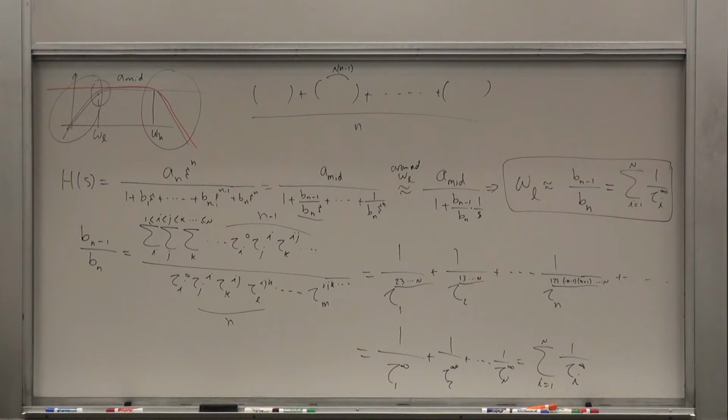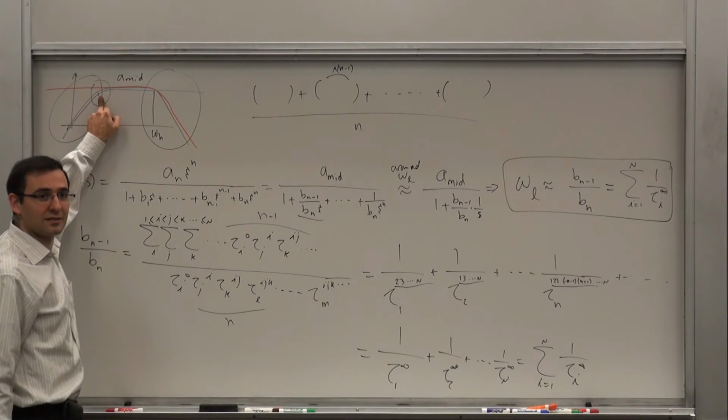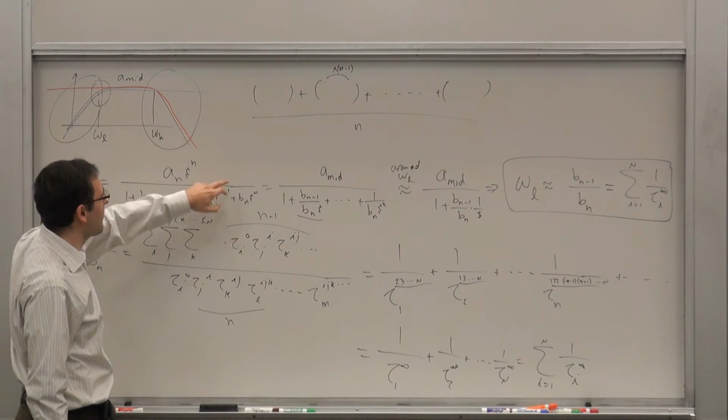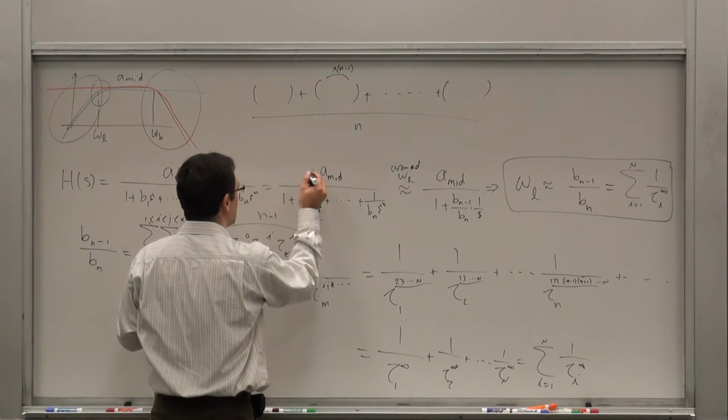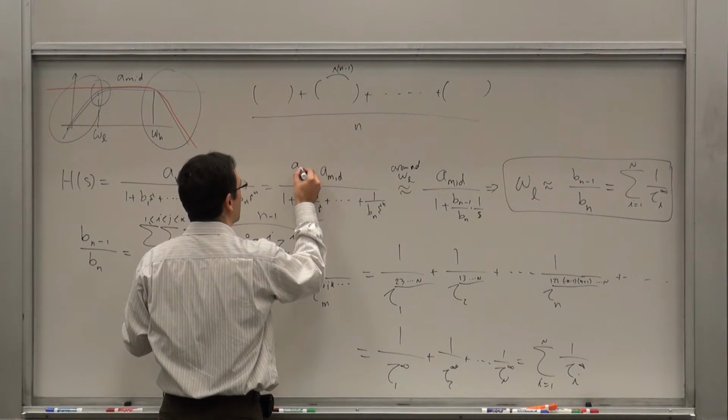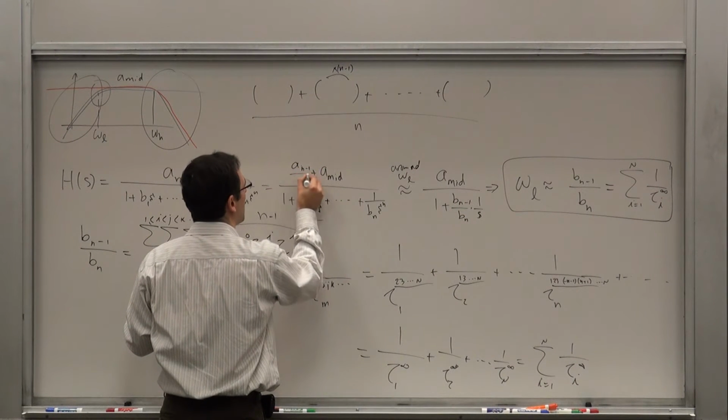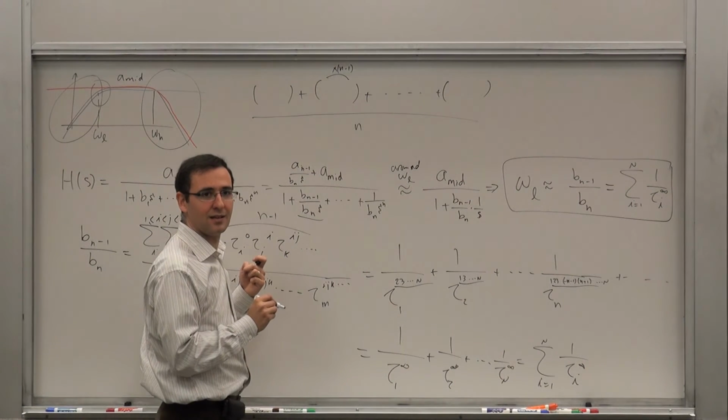Yes? What happens if you consider the other terms in the numerator? The numerator or the denominator? Numerator, I mean a n minus 1. Basically, they won't have an impact around here. Around here, it's dominated really by this, because if you had lower order terms, you would have some sort of a n minus 1 over b n s.